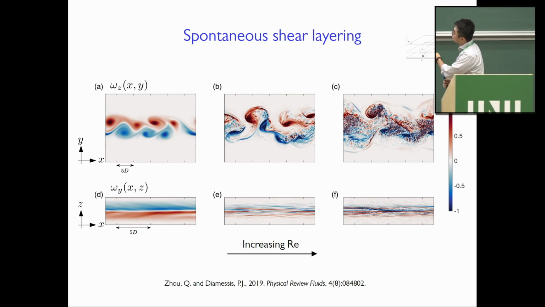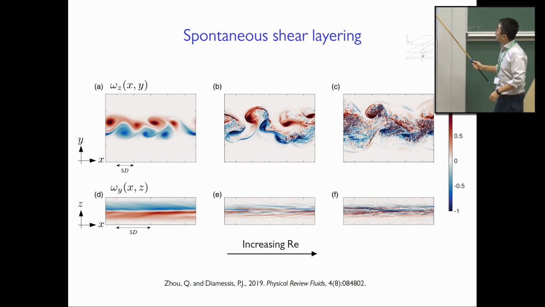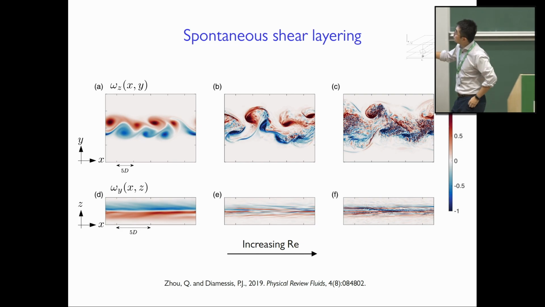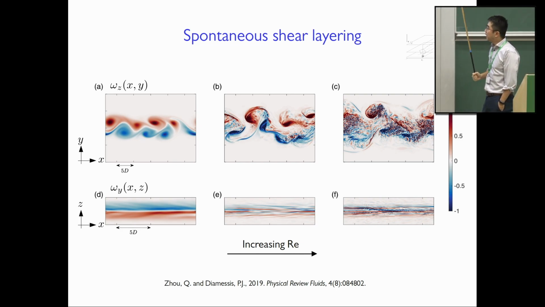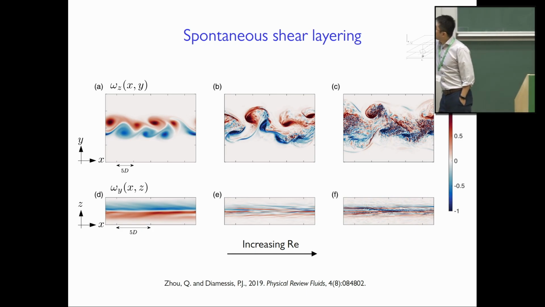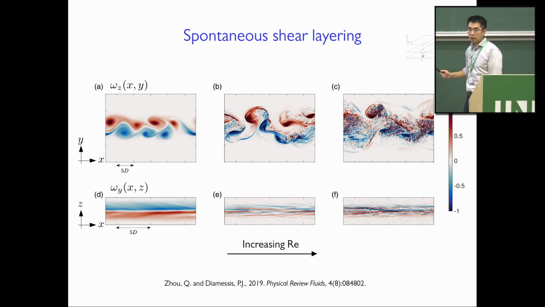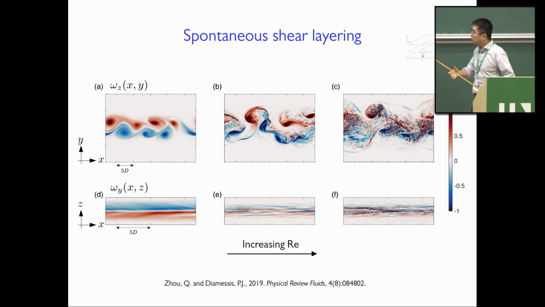I'm adding a new Reynolds number here, which is even larger. In the upper panel, I'm showing you the same thing, the vertical vorticity on the horizontal plane. In the lower panels, I'm showing you a side view, so I'm looking at the vorticity out of the plane. As you can imagine, this quantity is going to be dominated by vertical shear.